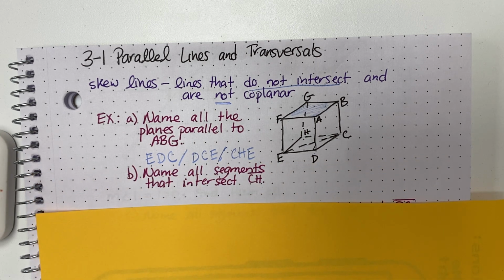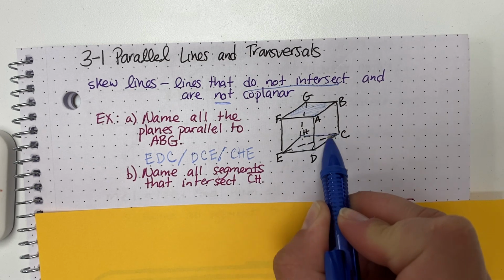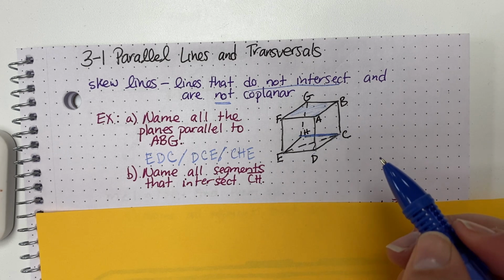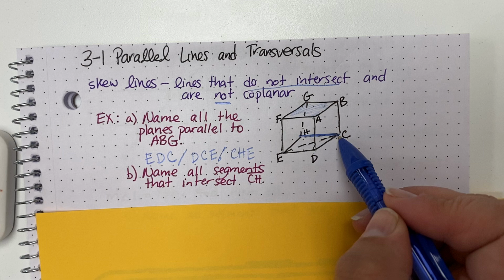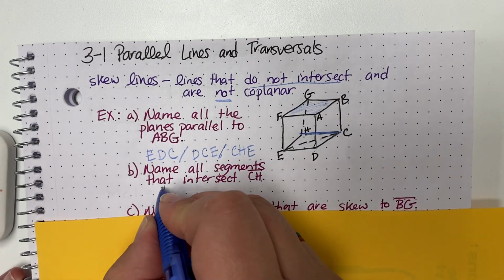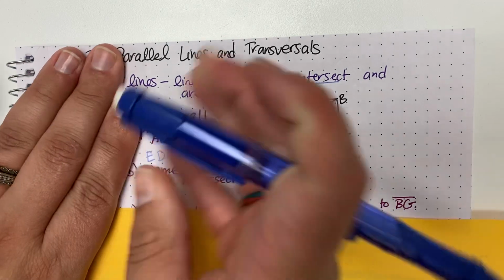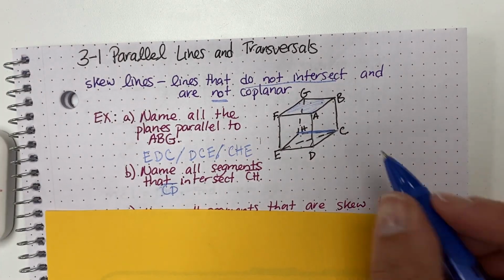All right, here's the next one. It says, name all the segments that intersect with CH. So CH is this back line back here. All of the segments that intersect it. So DC intersects it. Or if I tell you, I guess I told you alphabetically, so let's go the other way. CD intersects it.